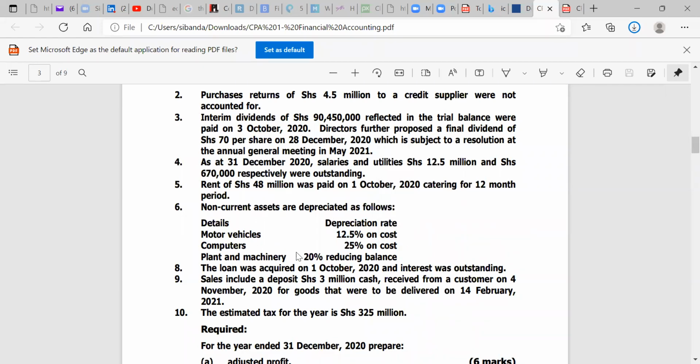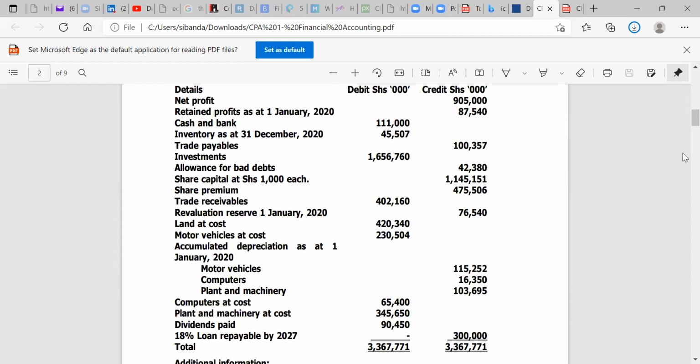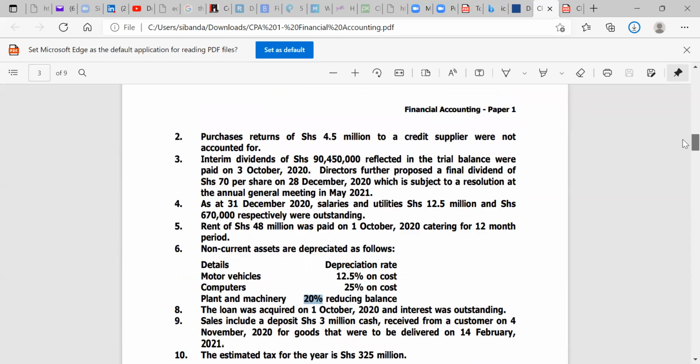And then we have plant and machinery, which they are saying is 20% reducing balance. So 20% reducing balance means we have to apply it to the net book value. So let's see here. This is our plant and machinery.